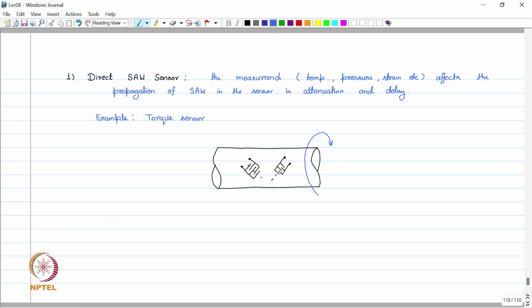this SAW device is rigidly mounted to this shaft. So this is the shaft, and SAW device is rigidly mounted on a flat spot of shaft.